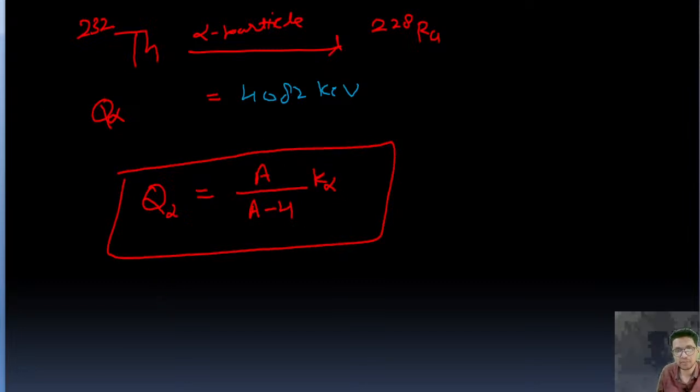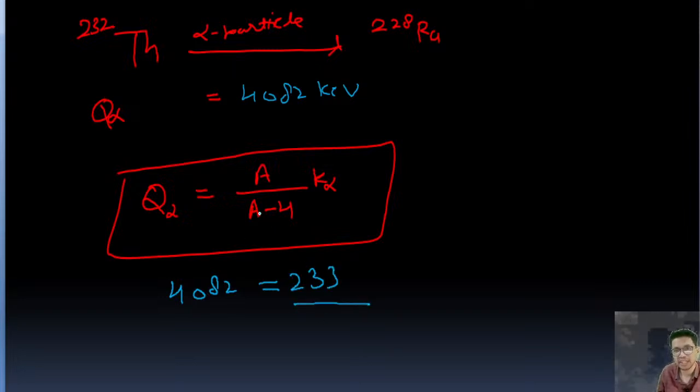Q alpha is given, that is 4082. And A is the atomic mass of thorium, that is 232.